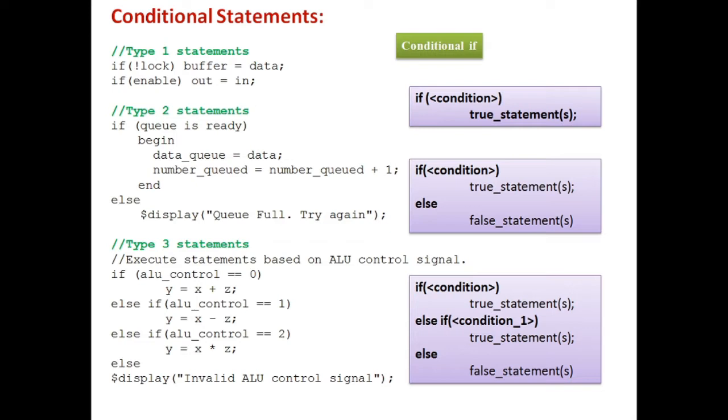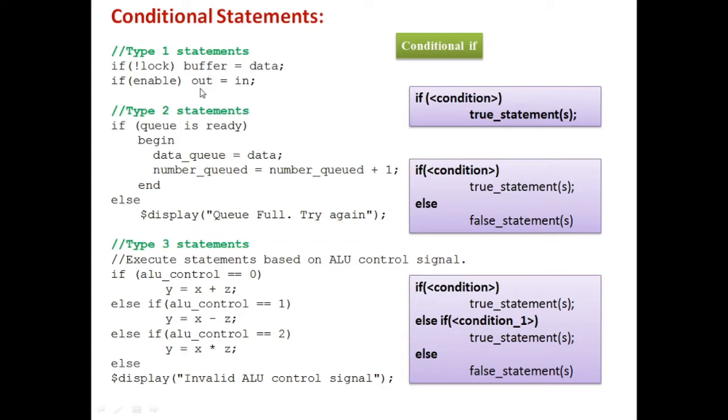Like you can see here, if negation lock, buffer equal to data. That means neg lock is indirectly giving the meaning that there is no lock. So once there is no lock, the content in this data variable can be transmitted or passed to this buffer register variable.